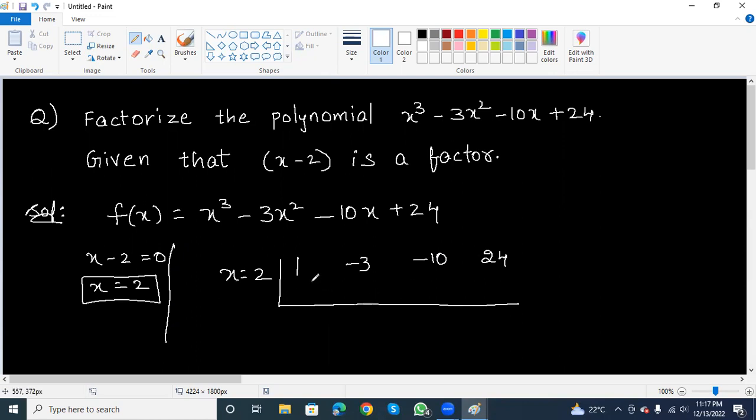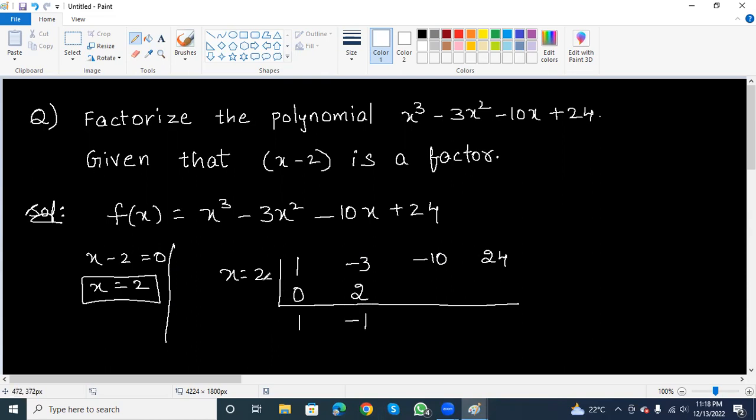So, next step, write the 0 under the first coefficient. What is our first coefficient? 1. So, under this, we need to put a 0. Okay, and add them. 1 plus 0 is a 1. Next, we need to multiply this result with the divisor. So, x is equal to 2 is my divisor. 2 1s are 2. Minus 3 plus 2 gives minus 1.